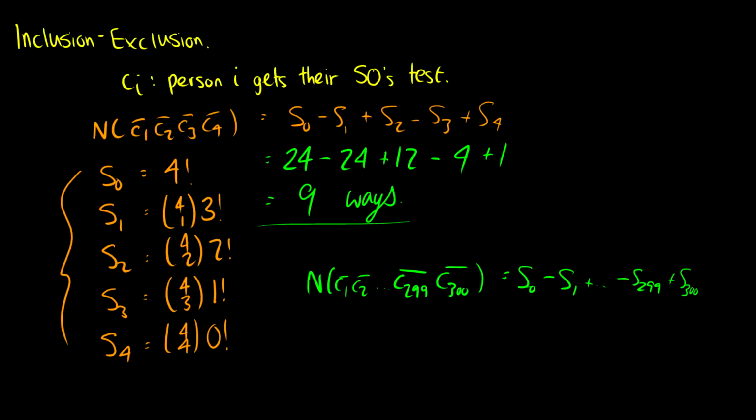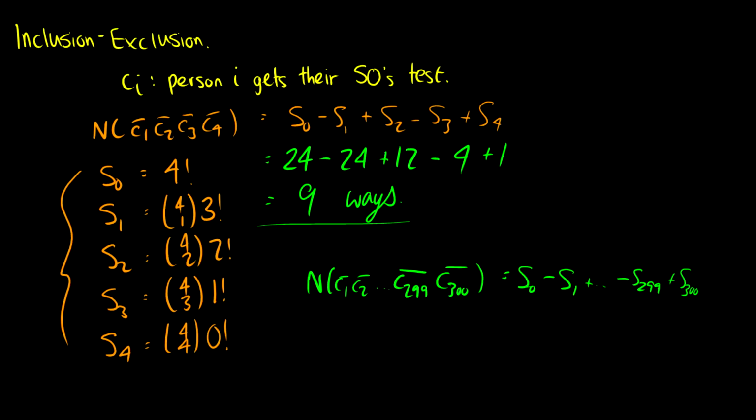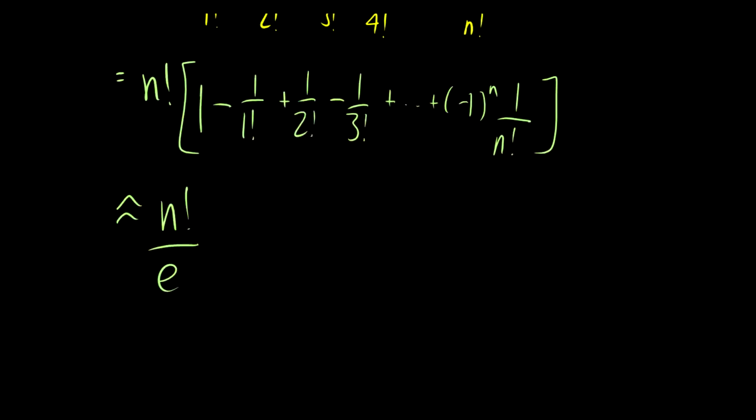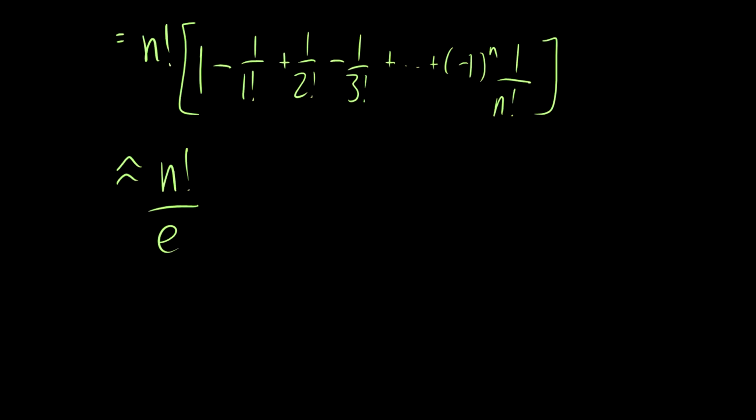In the previous example, we did d4, so let's do d4 with this formula. d4 is going to be 4 factorial times 1 minus 1 over 1 factorial plus 1 over 2 factorial minus 1 over 3 factorial plus 1 over 4 factorial.